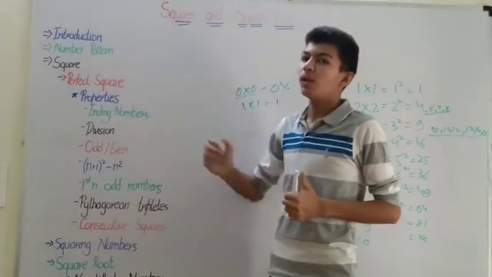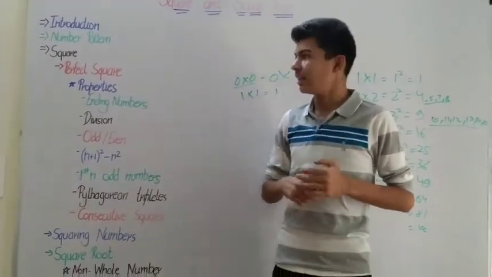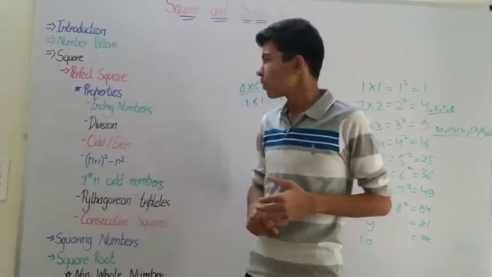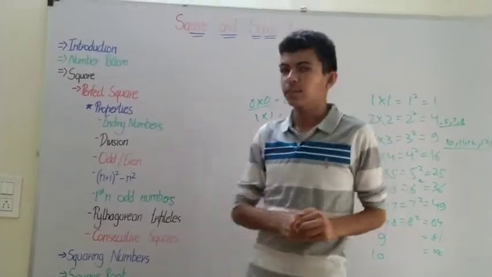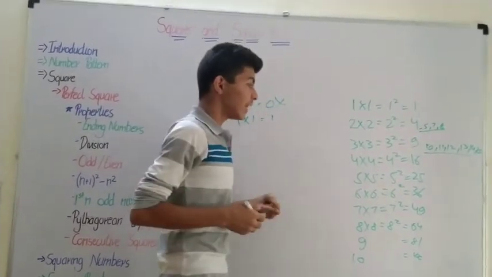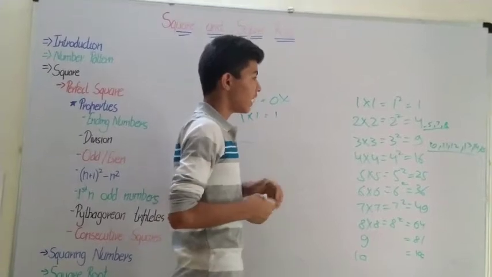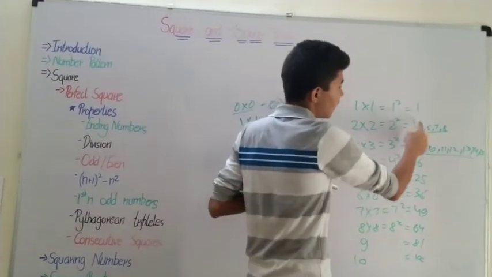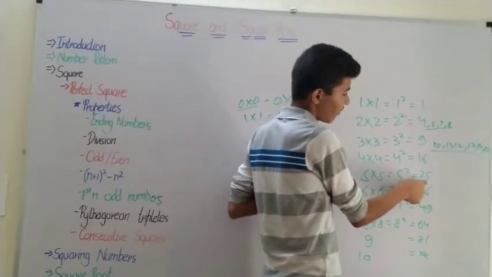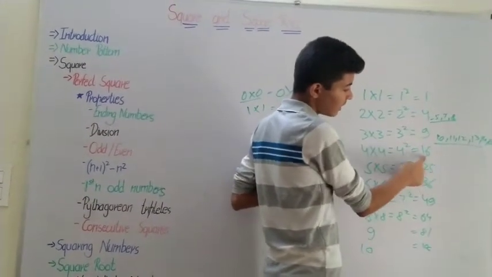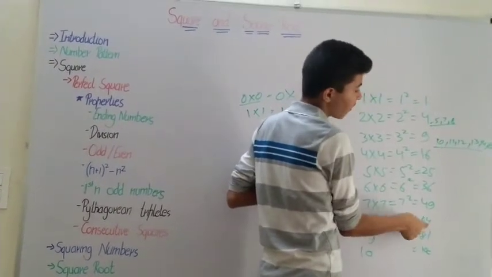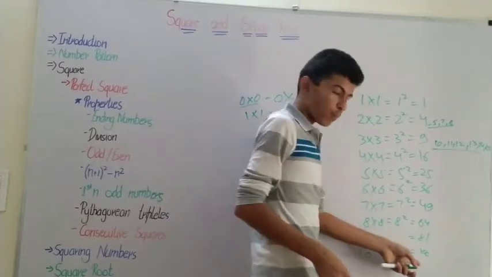So now let's move to the properties of natural numbers multiplied by the same number. First, we have the ending digits. If you take the square of 1, it ends with 1, then 4, then 9, then 6, then 5, then 6. We know that 6 is again repeating, and then it is 9, then 4 and 4, then 1 and 1, then 0.